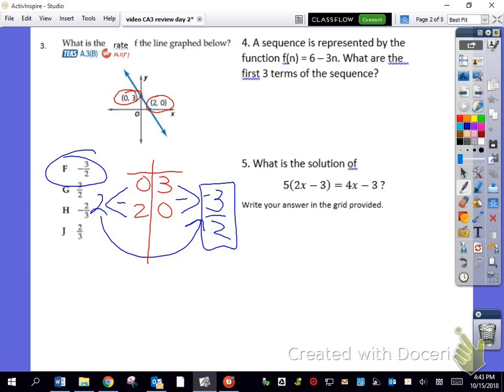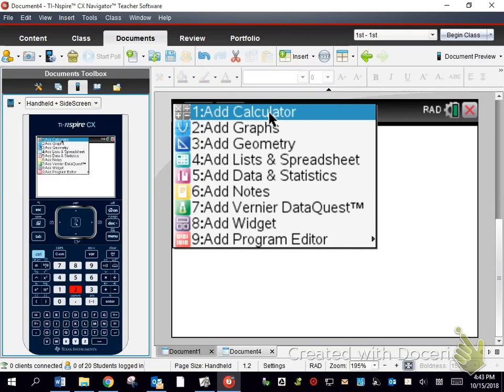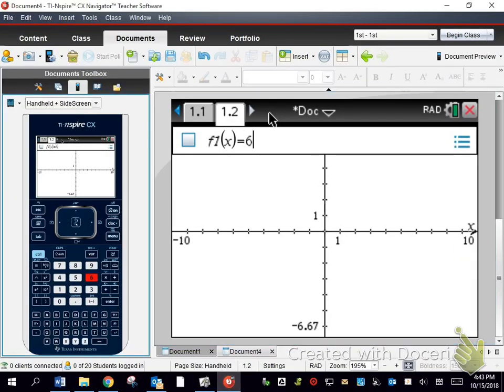On number 4, you have a sequence. Anytime you have a sequence, you can plug in the equation 6 minus 3n. Now, it says function of n, but I have to use x when I go to my graph. So make sure that you graph it, and I want the first 3 terms of that sequence. When you go to graph, Control-doc, go to 2 for graphs, and put 6 minus 3x in the equation, then hit enter.